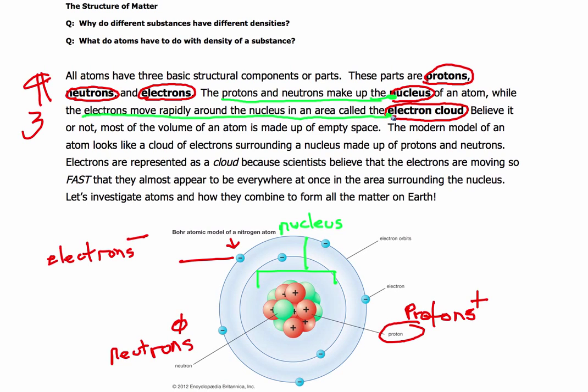We'll tag that. Okay, so believe it or not, most of the volume of an atom is made up of empty space, and that's kind of a key idea that is going to help us understand a little bit about density, because when we think about density, don't we think about how much space there is and how much actual matter is packed into that space?